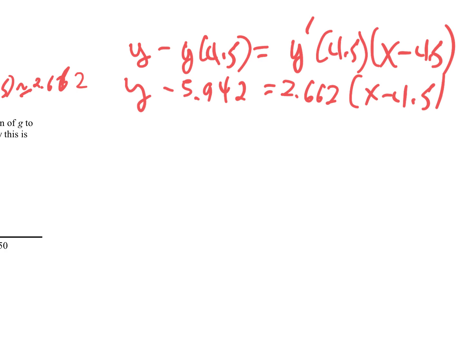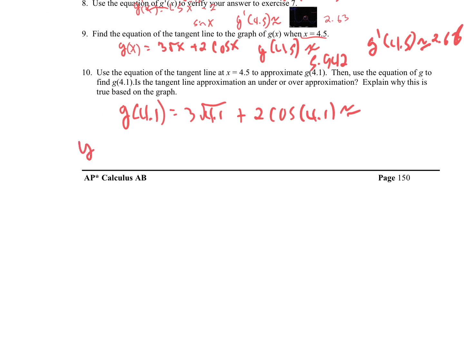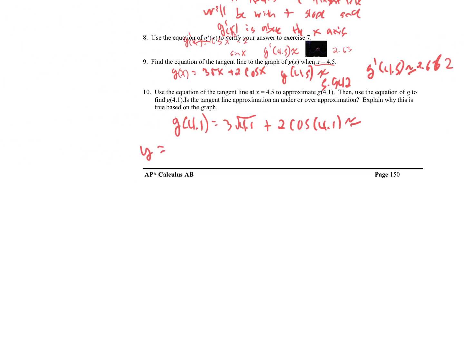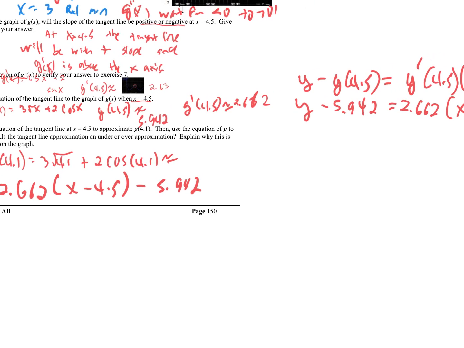So I need to just move the 5.942 to the other side. So I want y to be equal to 2.662 times x minus 4.5, and then I'm going to have to subtract the y1, or the g1, which was 5.942.